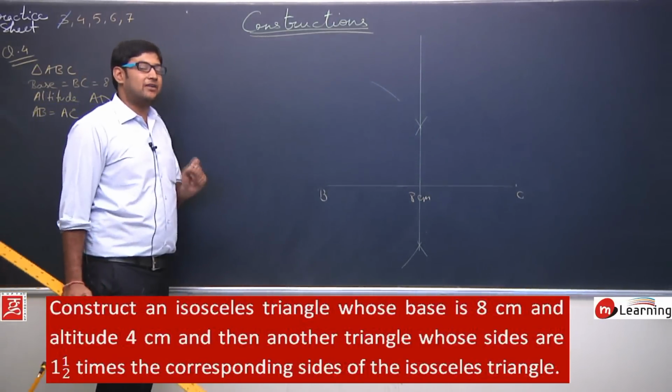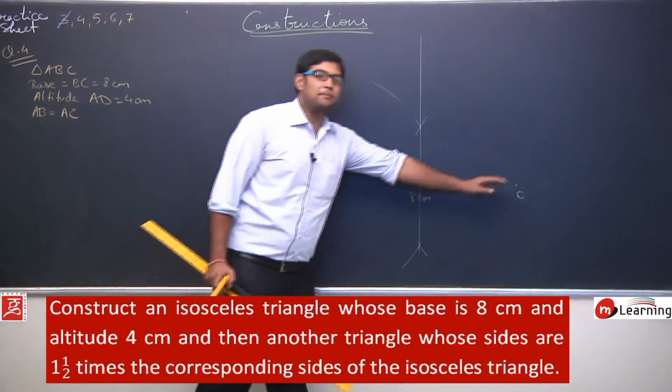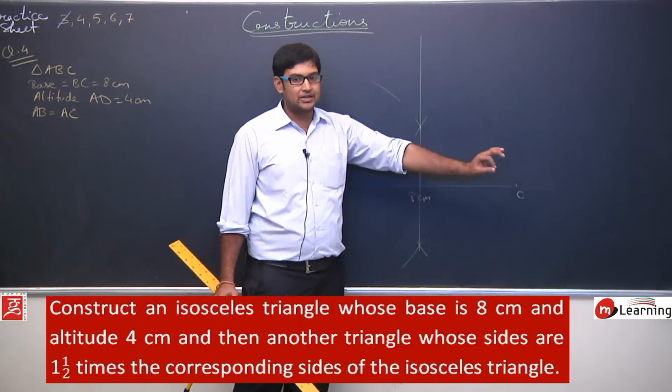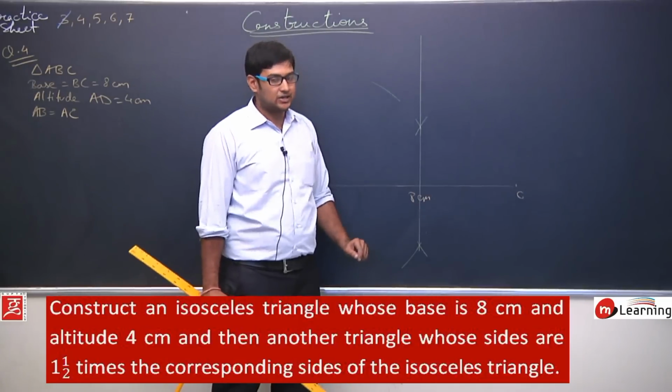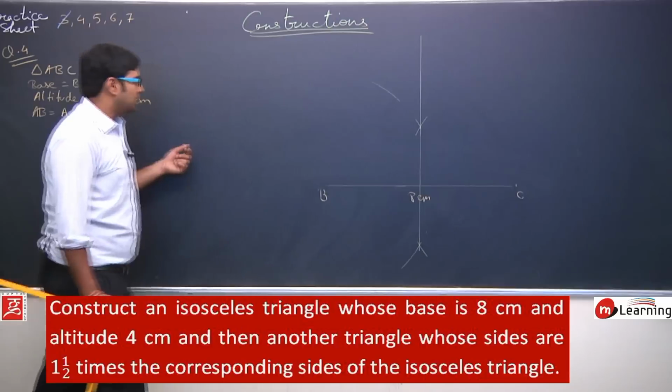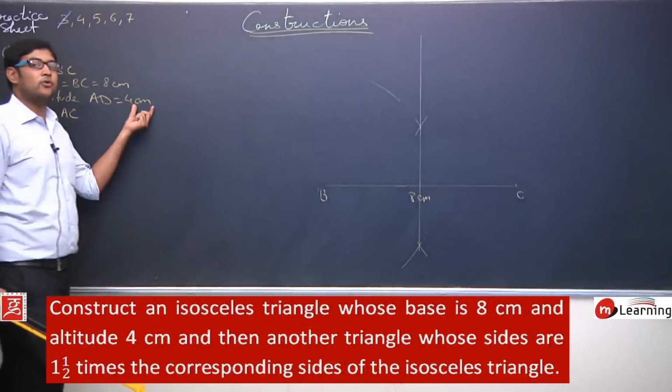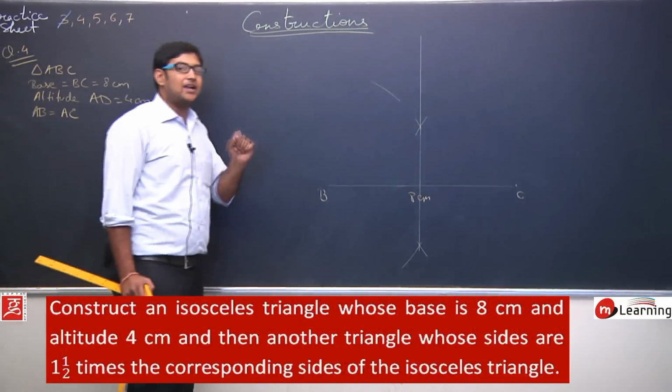So just try to understand what I have done. First I have drawn BC, the base of 8 centimeters, and after that I have drawn a perpendicular bisector, and now I will mark an arc of 4 centimeters to point the altitude.